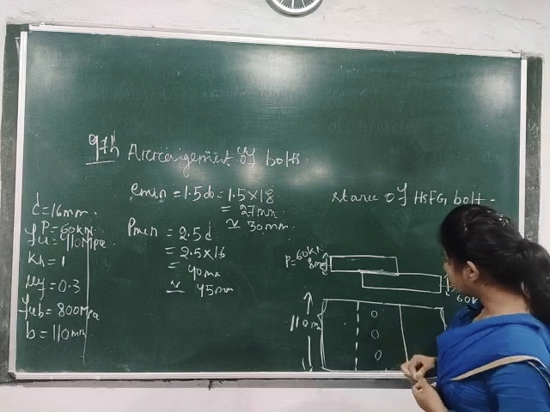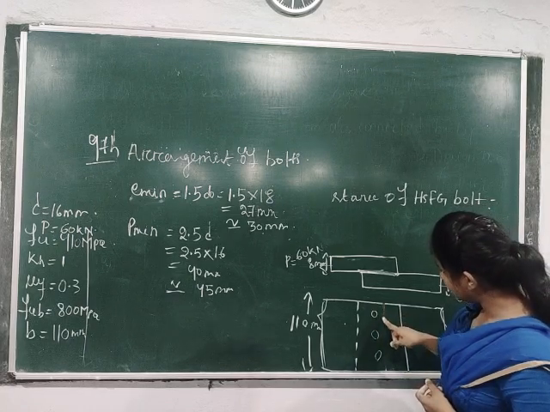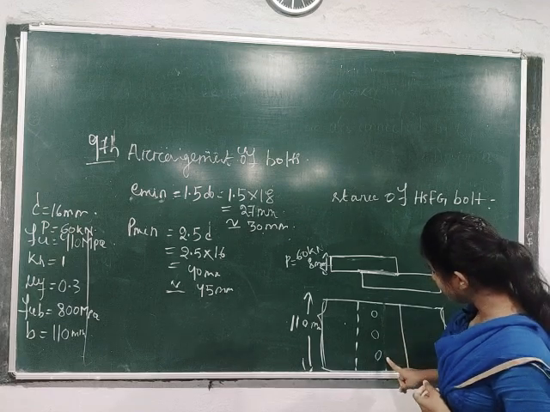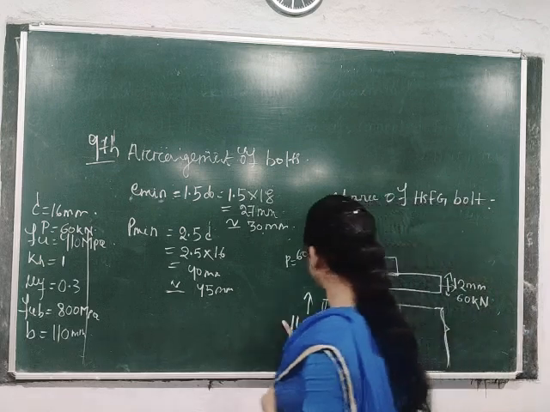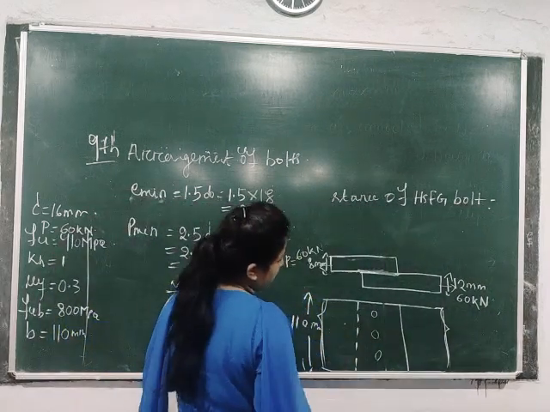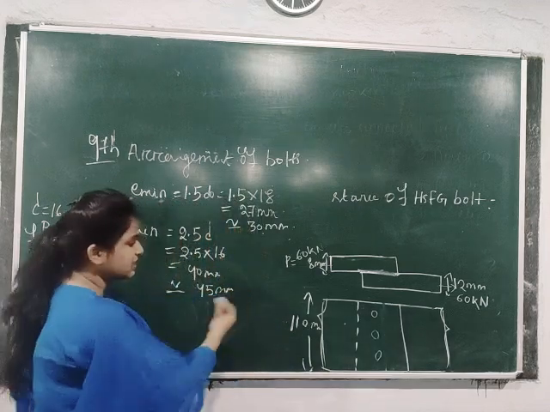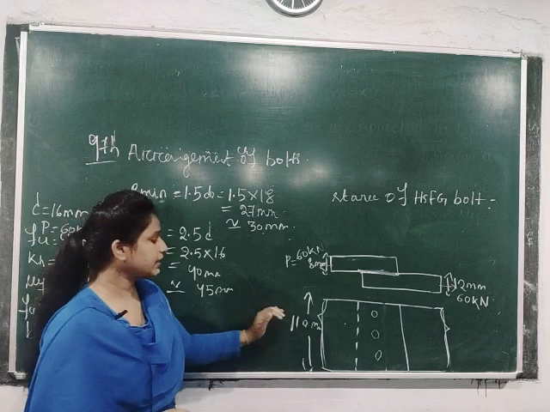So if we take the gauge distance as 45 mm, then 30 plus 45 plus 45 plus 30 is coming 150 mm, which is greater than 110 mm, but our width is 110 mm.